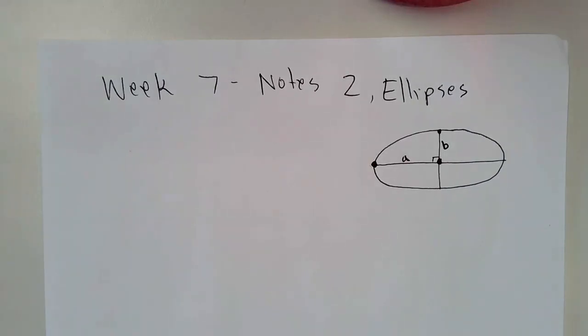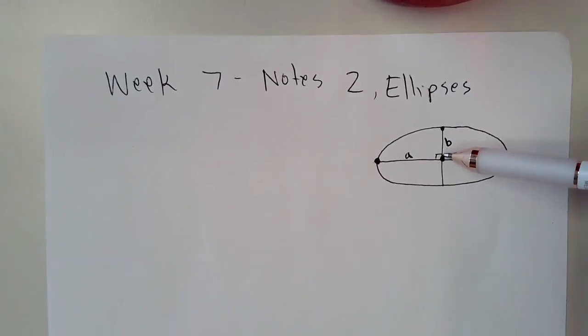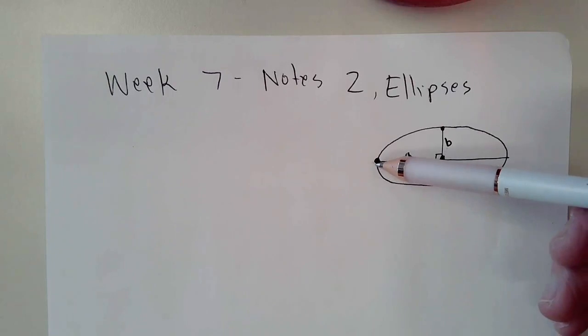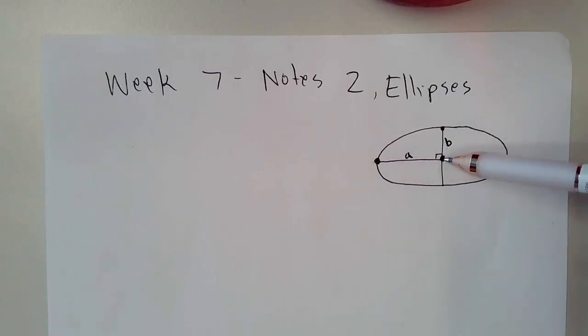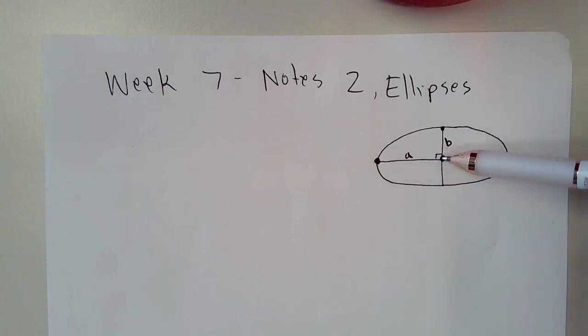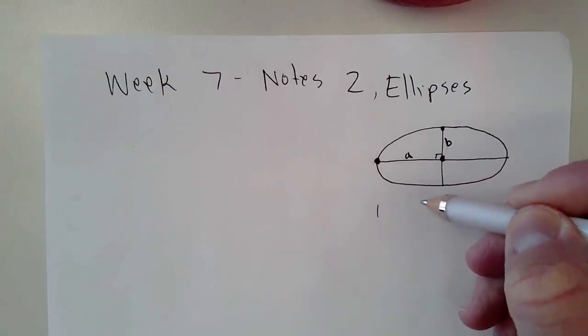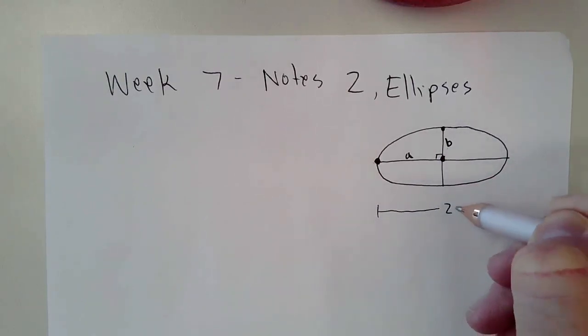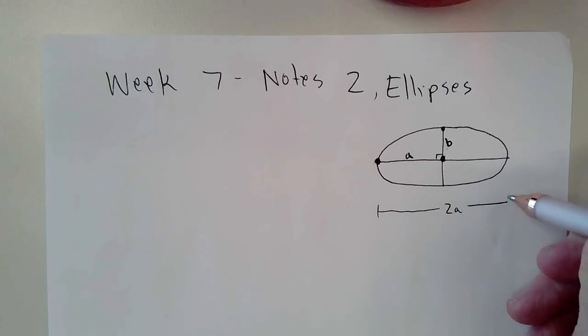So half of the major axis right there is a. So the whole major axis would be a distance of 2a. All right, so this is all a distance of 2a right there.